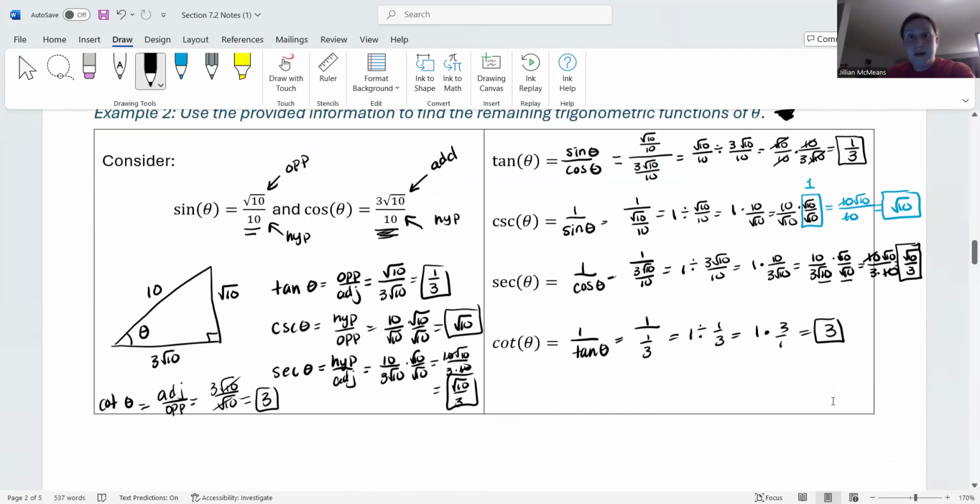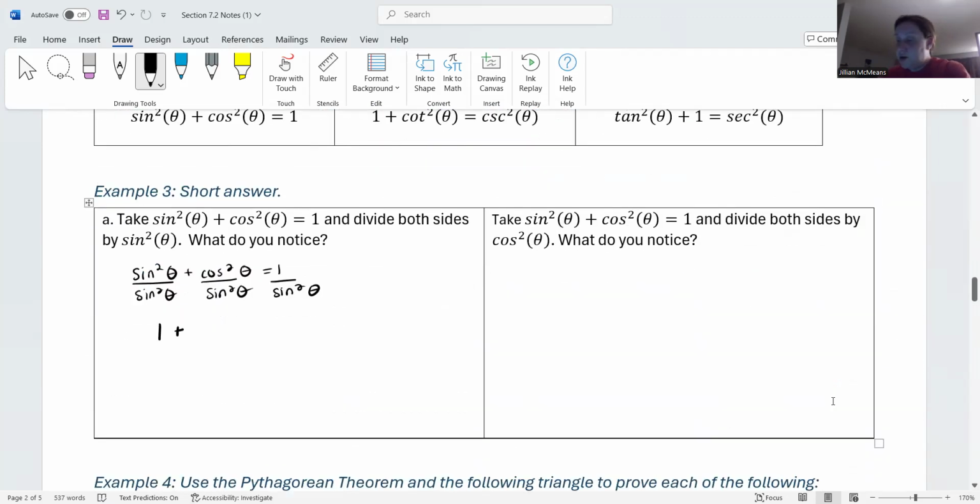So if we go back down here, notice we have this relationship where we have cosine divided by sine. Well, if we have cosine squared divided by sine squared, the relationship between cosine and sine in this case is going to be cotangent. So cosine divided by sine is cotangent. That tells me that cosine squared divided by sine squared is cotangent squared theta.